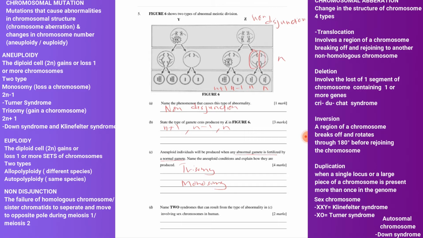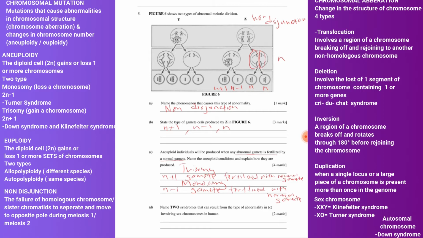Trisomy happens when an N+1 gamete fertilizes with a normal gamete. While monosomy, an N-1 gamete fertilizes with a normal gamete.